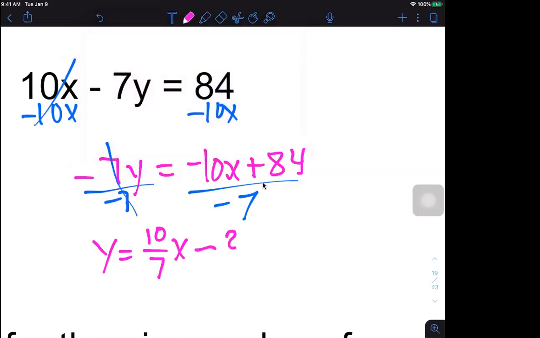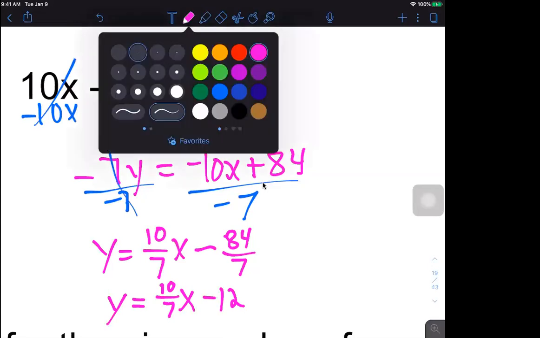And then we're going to have 84 divided by 7. Now in your calculator, you can see, does 10 over 7 reduce or does 84 over 7 reduce? And you'll see that one of those does. 84 over 7. Good. What does that equal? -12. Awesome. And there we go.